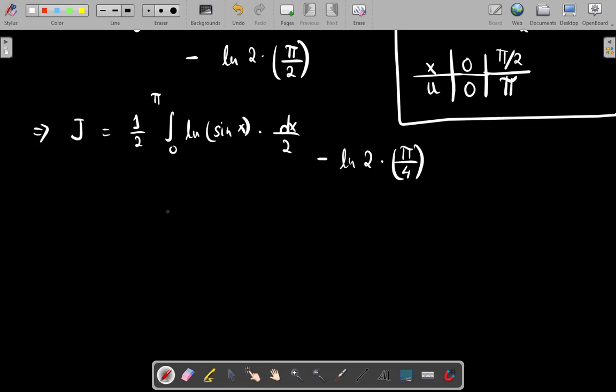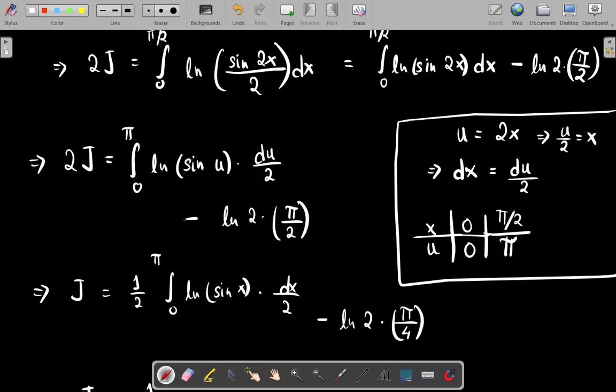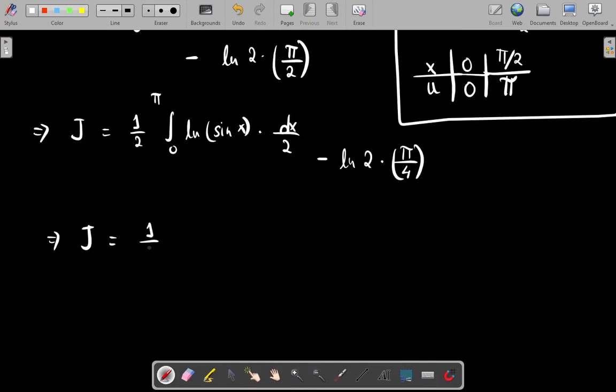Okay, so we see that if I take this 2 outside, j will become 1 by 4 times the integral from 0 to pi of ln sin x dx, and this becomes pi by 4 ln 2.